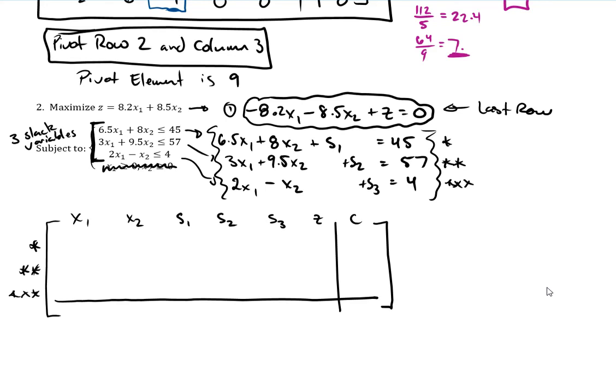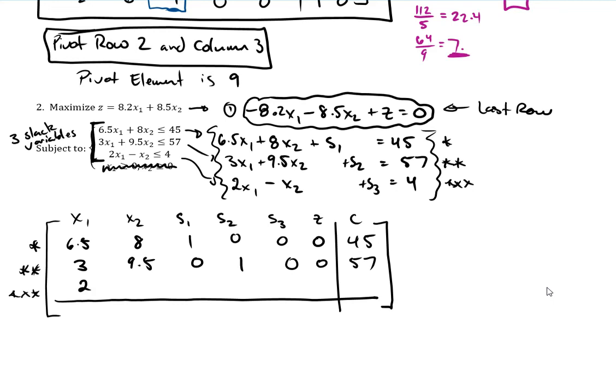Okay, and then now I'm just putting in the coefficients. So I've got 6.5, 8, 1, 0, 0, 0, 45. And then our second row, we've got 3, 9.5, 0, 1, 0, 0, 57.